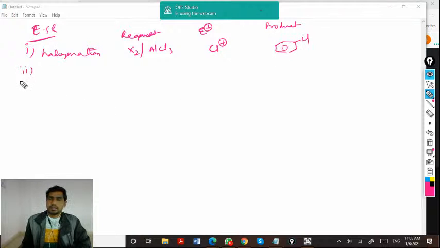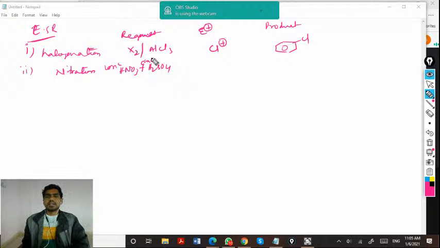The second was nitration. The reagent was the nitration mixture, HNO3 and H2SO4, which are concentrated. Here I am giving a tabular form of all the reactions studied in electrophilic substitution reactions.